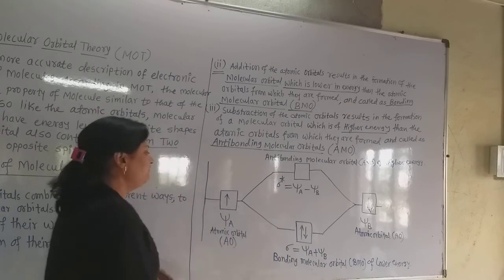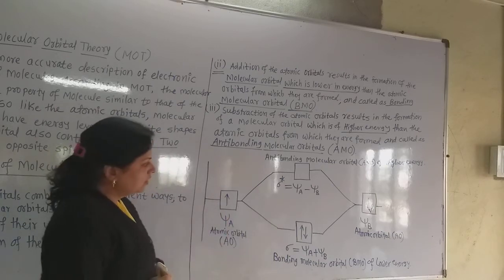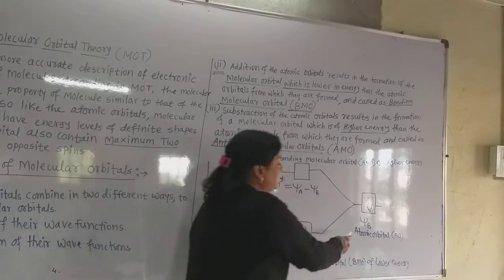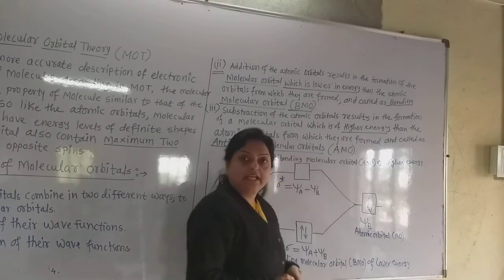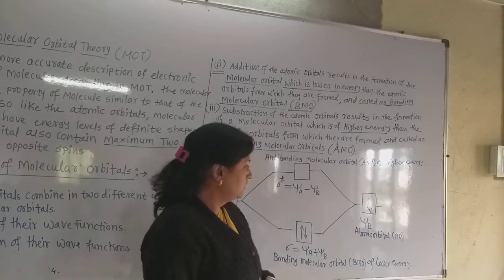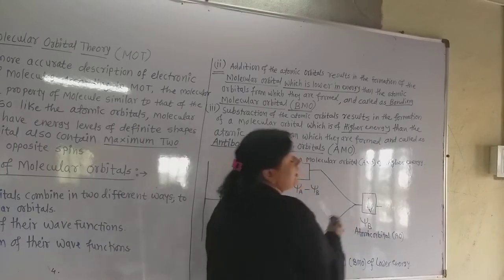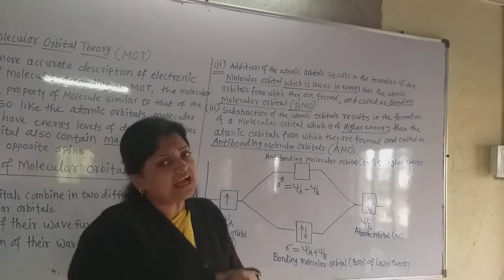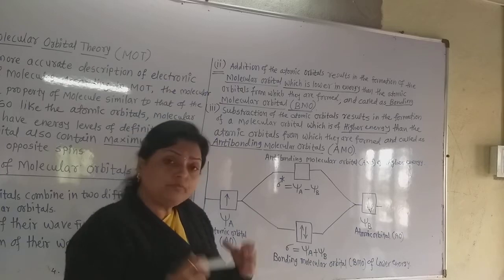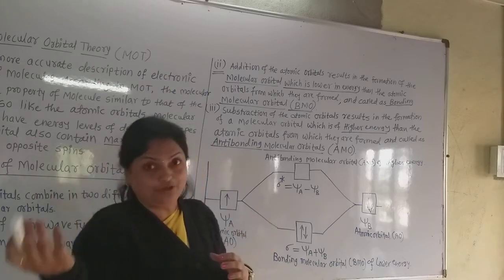Suppose this is the atomic orbital of the B atom, with the opposite spin. Suppose this is another hydrogen atom. Now both are combined to give the molecular orbital.